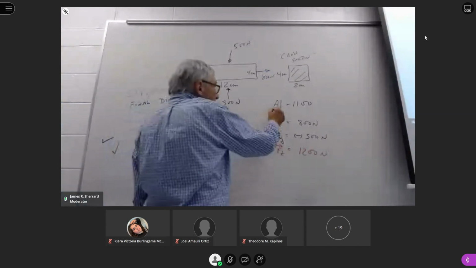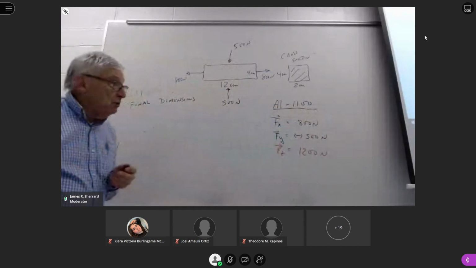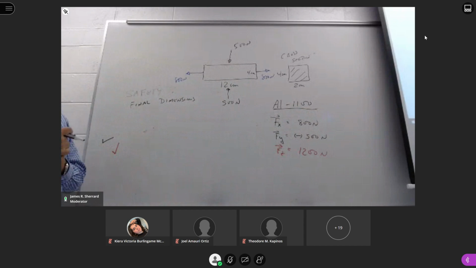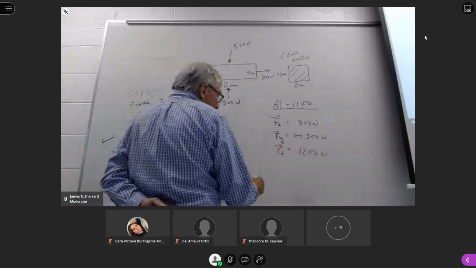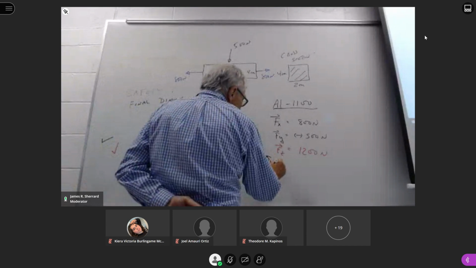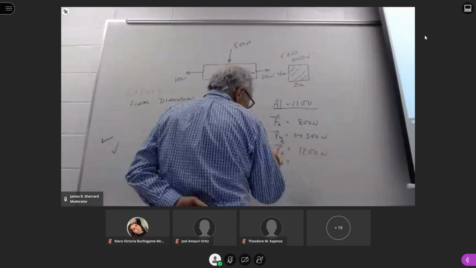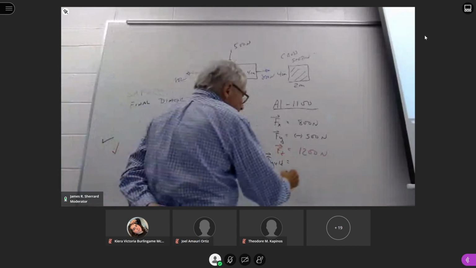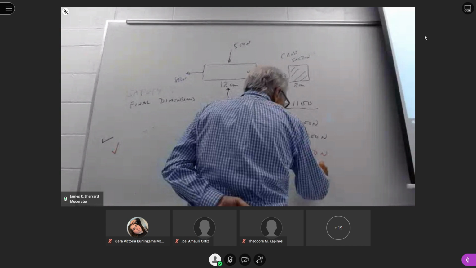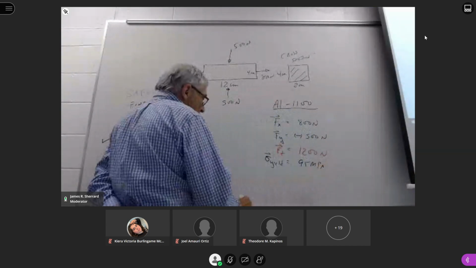Again, we've made this aluminum 1100. The first thing I would do is go in and list my physical properties so I know what I'm working with. So for aluminum 1100, I know that my yield value for plane stress is 95 megapascals.